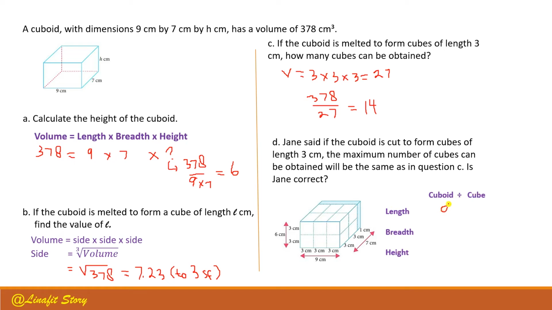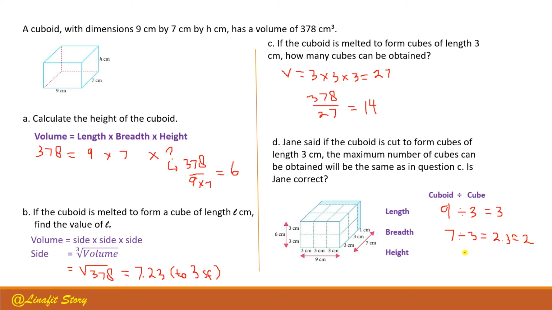So 9 divided by 3 is equal to 3. The breadth is 7 divided by 3, which is equal to 2.3. Then round it down, equals 2.